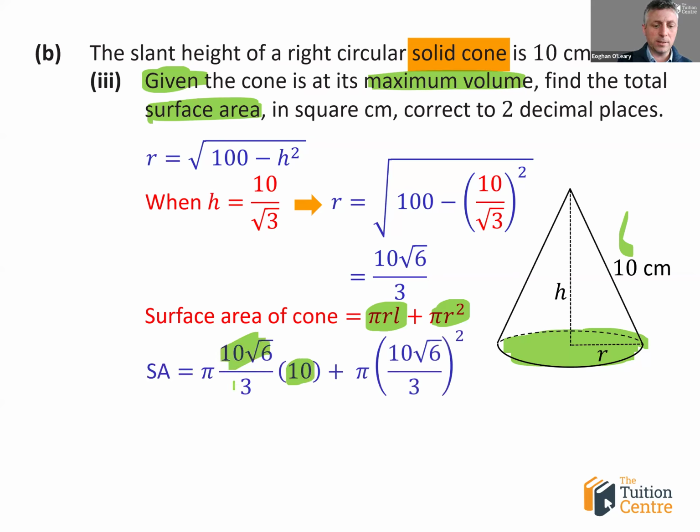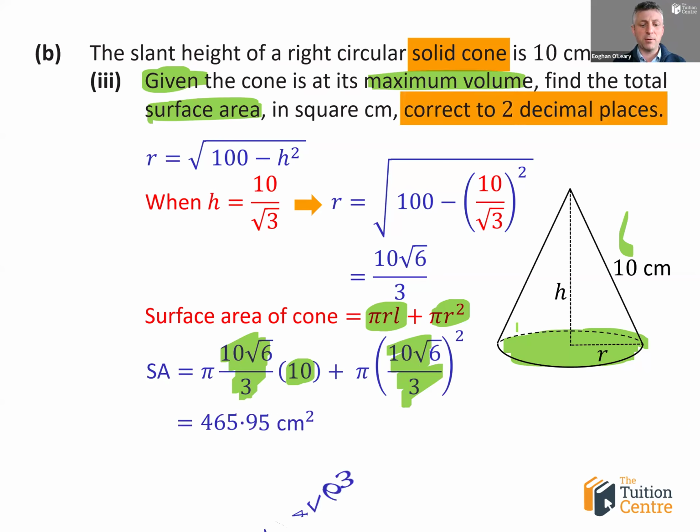We know that R is 10 root 6 over 3. We're looking at our question to make sure we answer it in the correct way, correct to 2 decimal places, and in square centimeters. We say our answer is 465.95 centimeters squared. And that was worth 5 marks.